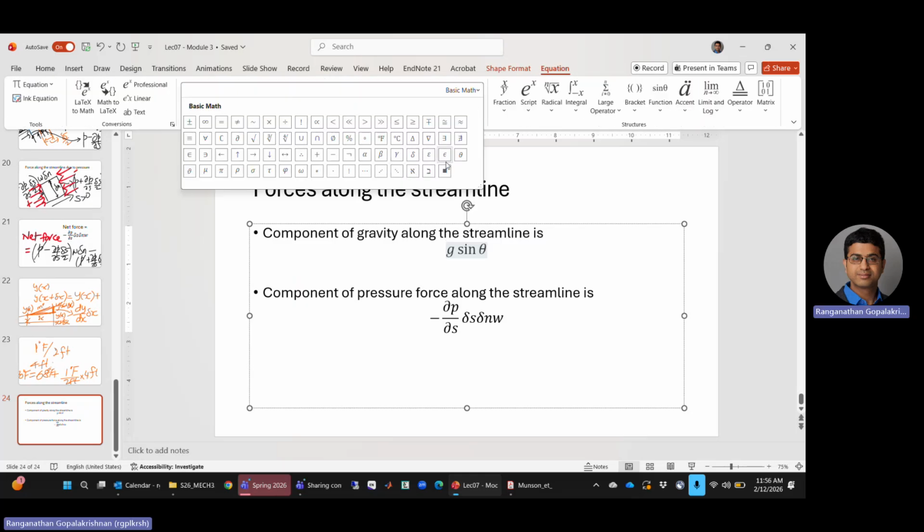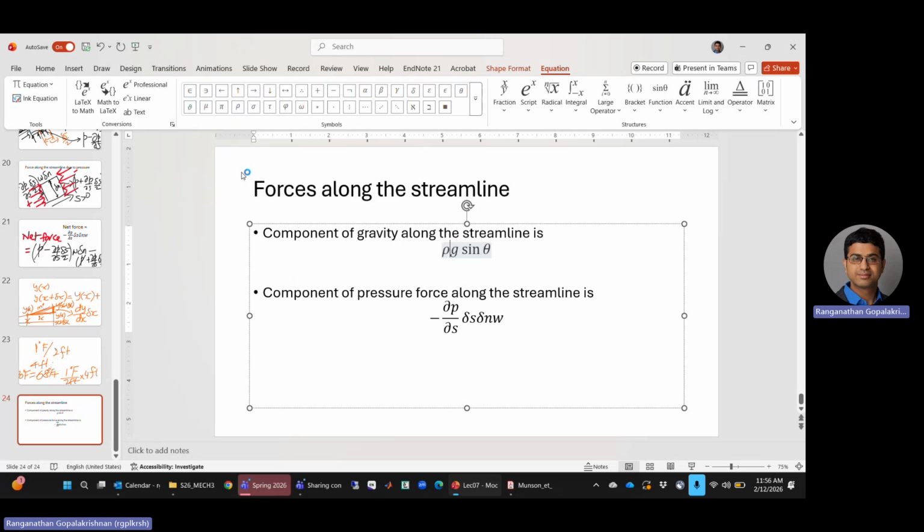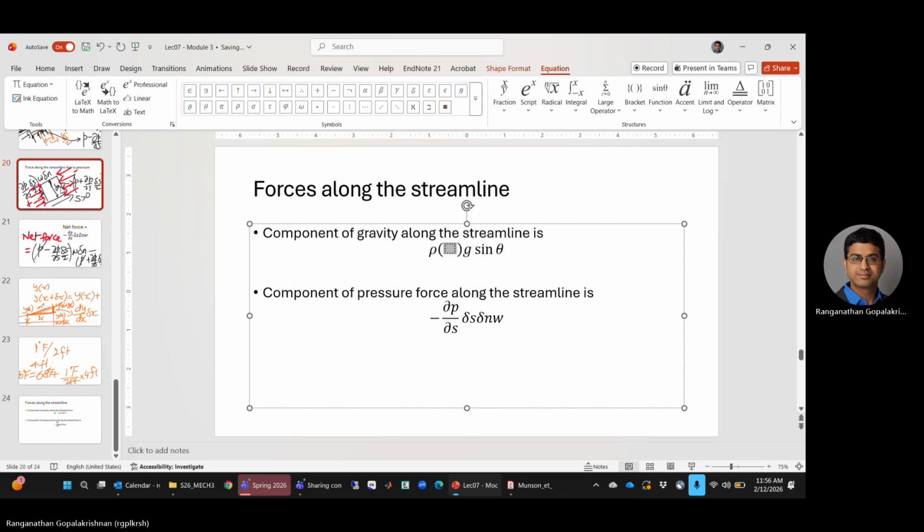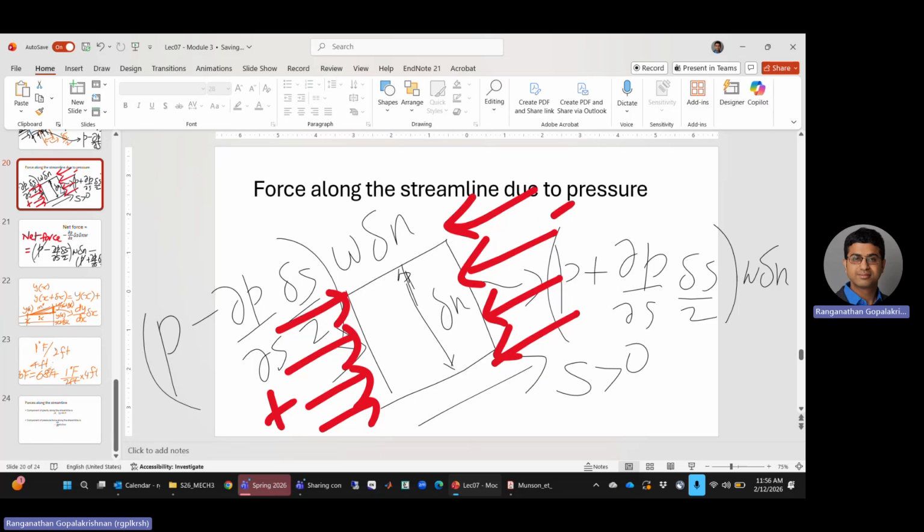So we are going to multiply this by density, which we'll call rho, okay? And then what is the volume of this little fluid particle? You look at this, it has sides of delta S and delta N and a width that is W. So what is the volume of a cuboid? W times delta S times delta N, right? Multiply the three sides. That's your volume.